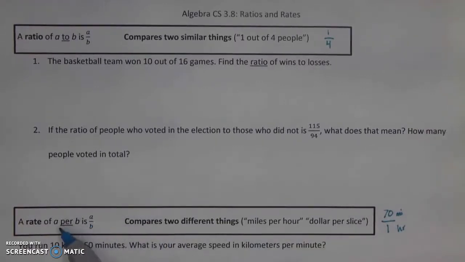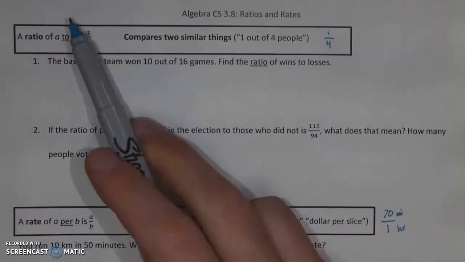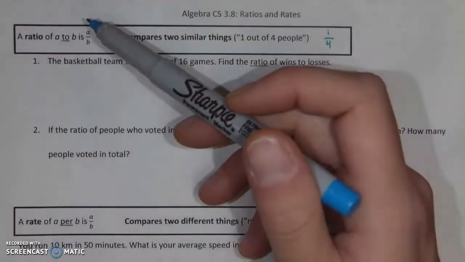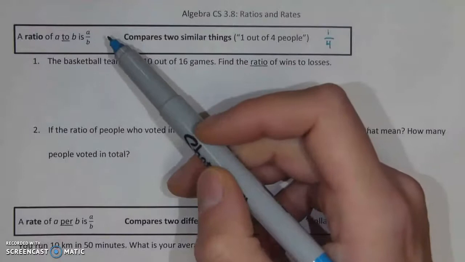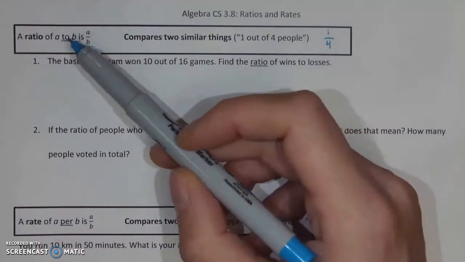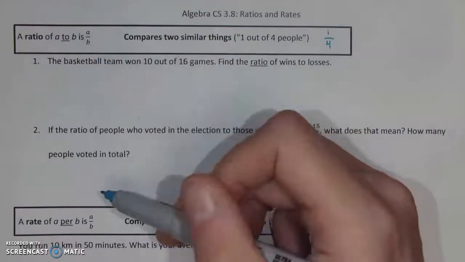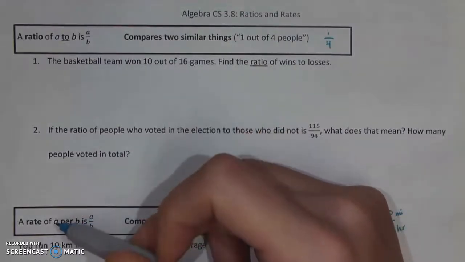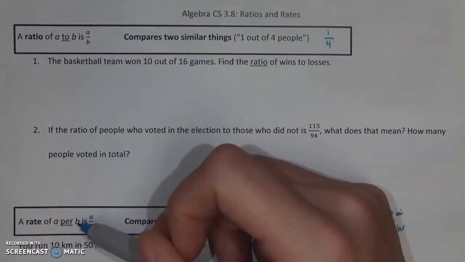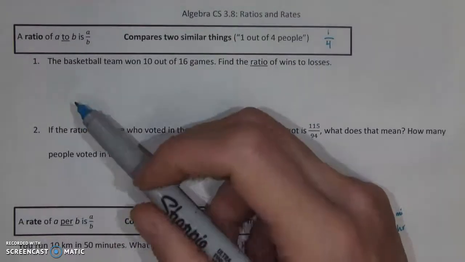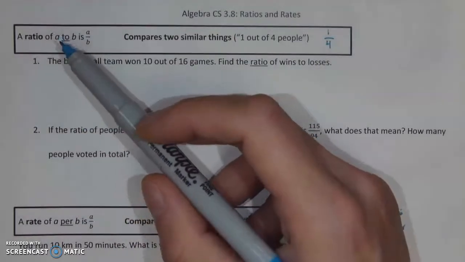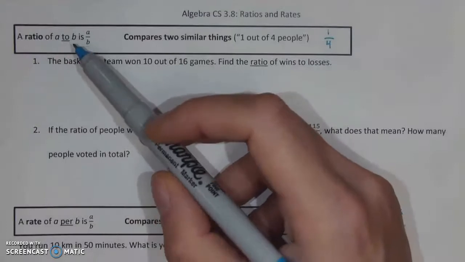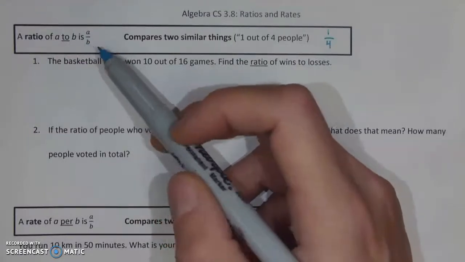So that's where rate comes in. Now, typically our language for the two is slightly different too. When we're talking about ratio, we're going to talk about A to B. And when we're talking about rate, we usually say A per B. So like 1 mile per hour. That'd be really slow. Or 1 person to the 4 people is going to be the ratio.